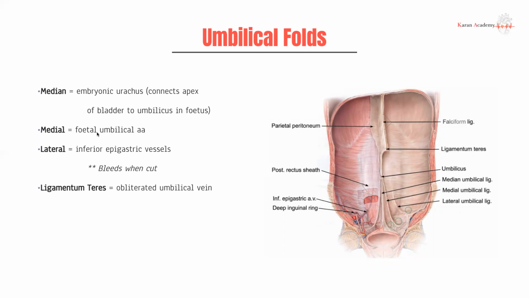The medial has the fetal umbilical artery, and the lateral has the inferior epigastric vessels. So the lateral is the only one which has an actual vascular supply, while the rest are converted into ligaments. The inferior epigastric would obviously bleed quite significantly if it was cut, since it provides the vasculature for a large part of the anterior abdominal wall. And then the ligamentum teres, which you can see here, carries the obliterated umbilical vein.